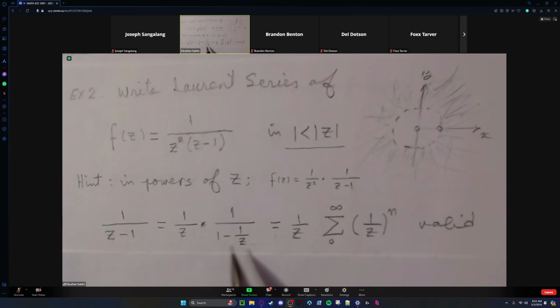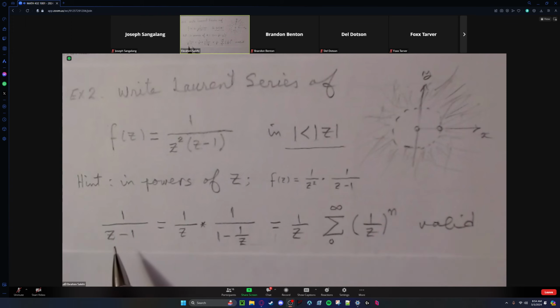It's in powers of z. The denominator becomes 1 minus 1 over z. Now, to this part, I can apply the geometric series because modulus of this guy is less than 1. So call 1 over z w, and here is the geometric series representation, all right?